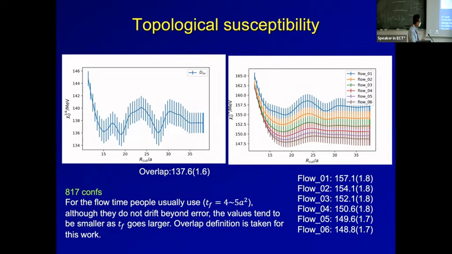All right. However, if we take the gradient flow, different flow 1, flow 2, flow time TF, it turns out there's a tendency for that to drift, even though the error bars are overlapping in some ways. We're not sure. We haven't talked to you. Maybe we should ask whether you observe similar things like this, still drifting.